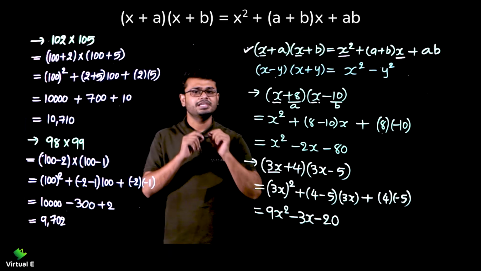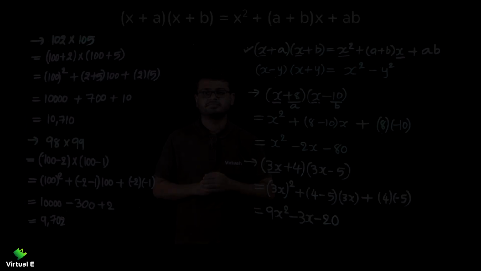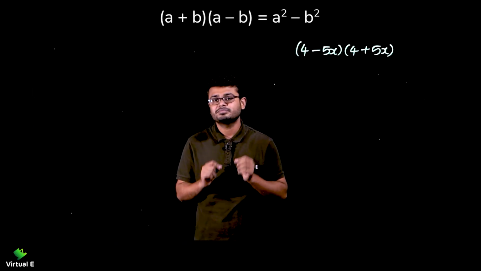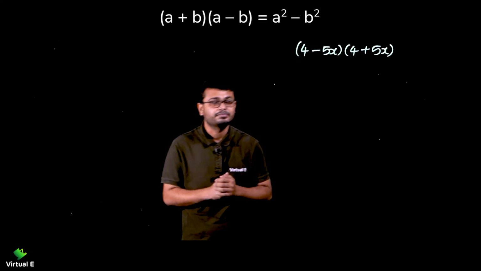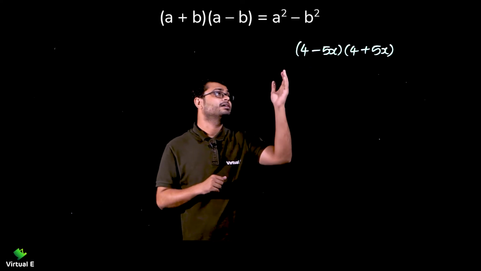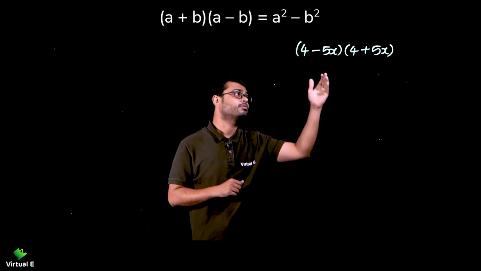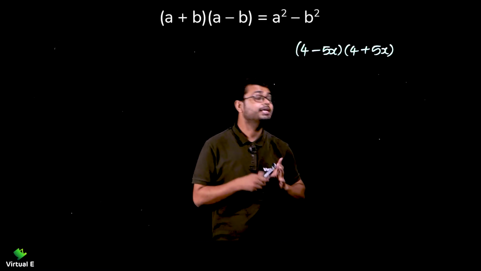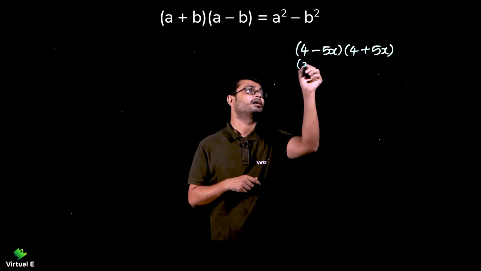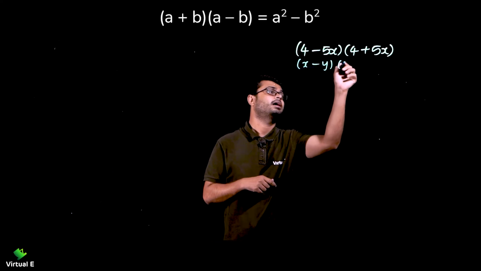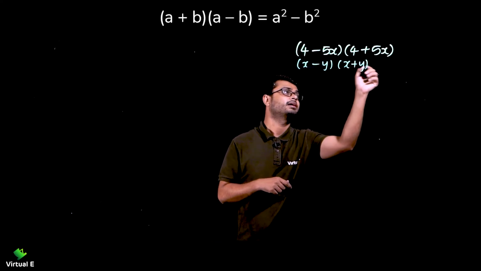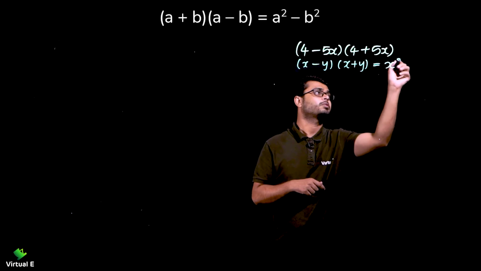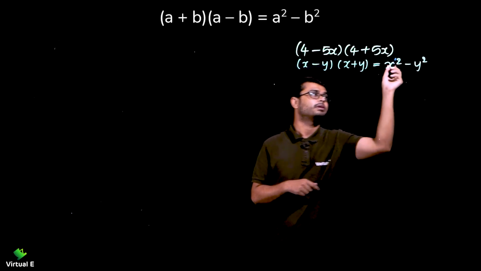Now let's discuss the second identity. Let's discuss the sums related to the second identity. So let's start. Here we have 4 minus 5x and 4 plus 5x. If you remember the identity, it was of this form: x minus y and x plus y is equal to x square minus y square.